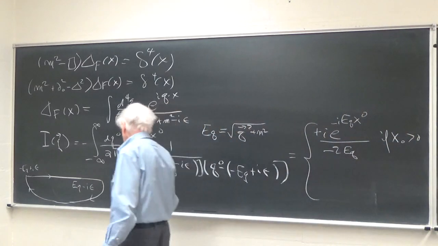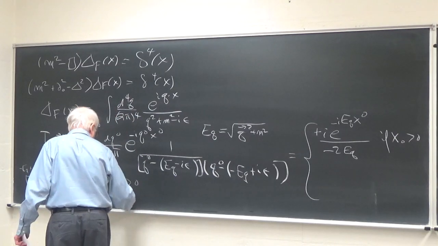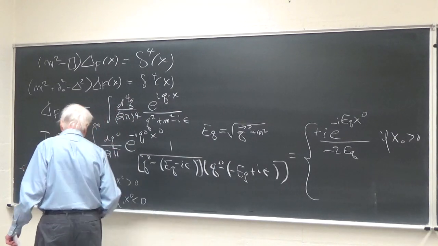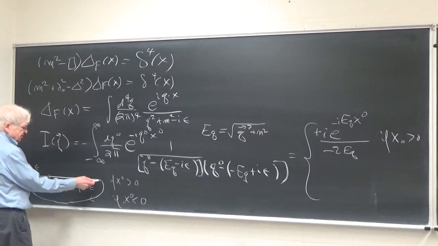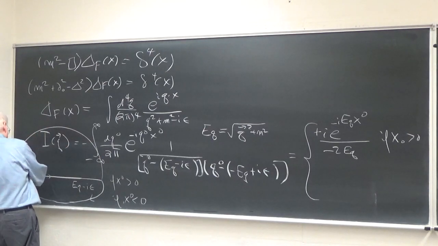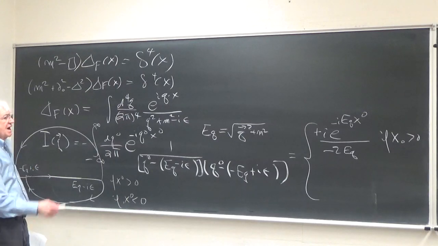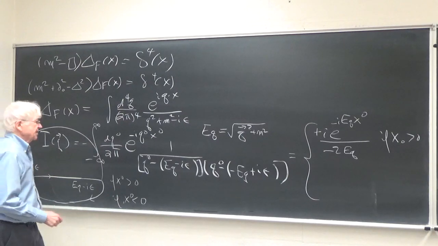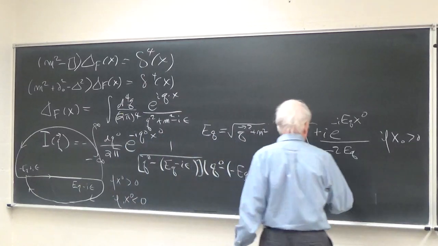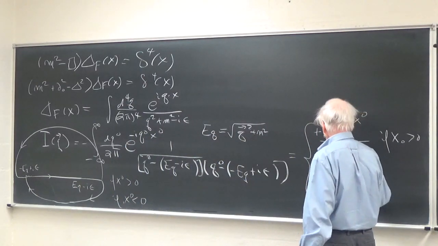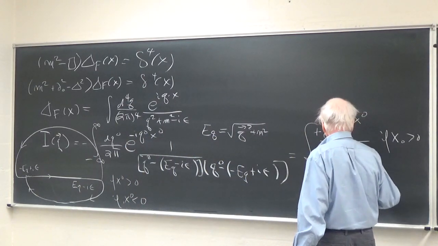If on the other hand x0 is less than 0, then what you do is you add a ghost contour like this, and you pick up the pole at minus EQ, and so this is then e to the I EQ x0.